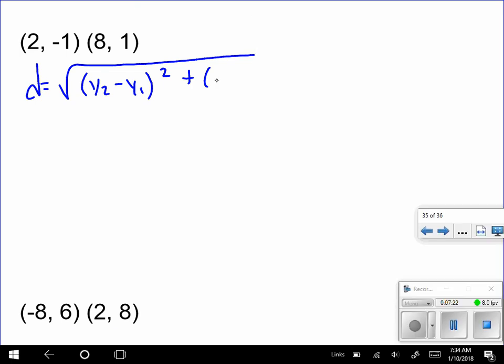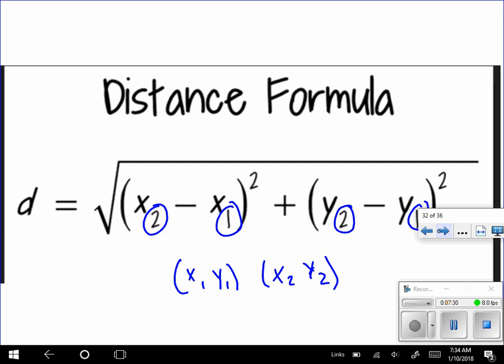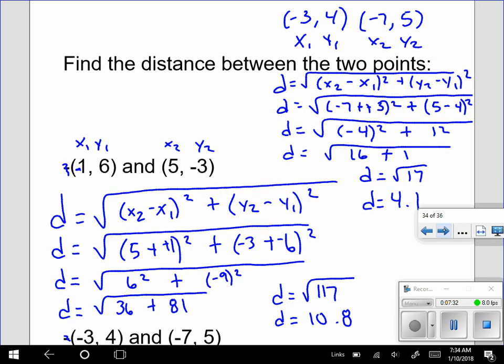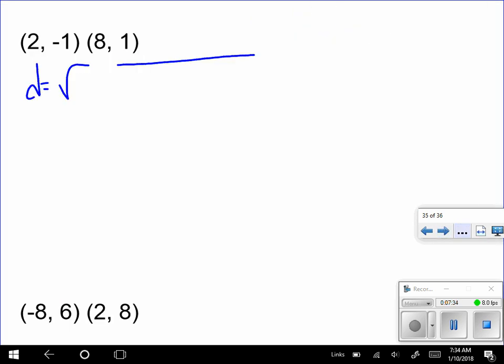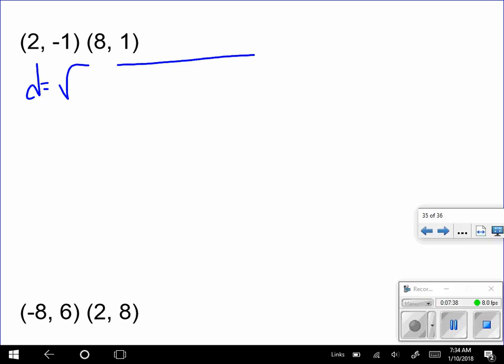I want to make sure we get the formula right. We'll go x's first. So, back to our pen: x2 minus x1 squared plus y2 minus y1 squared.